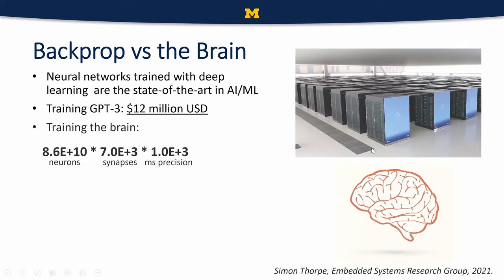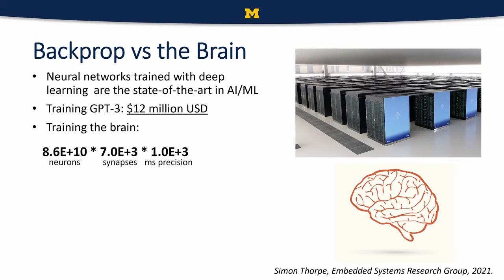Of course, it's very powerful, but if you compare it to training the brain, Simon Thorpe had a really cool little analogy here. If we were to train the brain on an equivalent setup on the world's most powerful supercomputer, we're looking at 8.6 times 10 to the 10 neurons, each with, let's average it out, 7,000 synapses of fan-out.